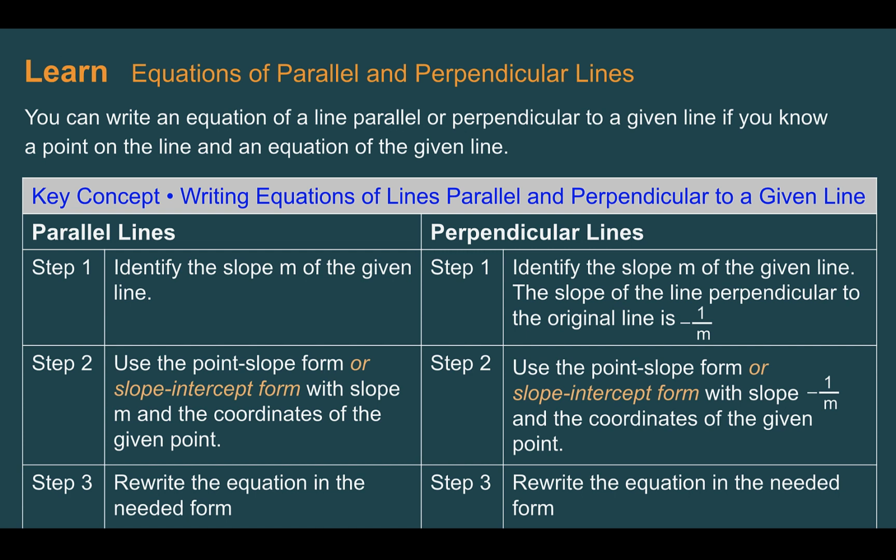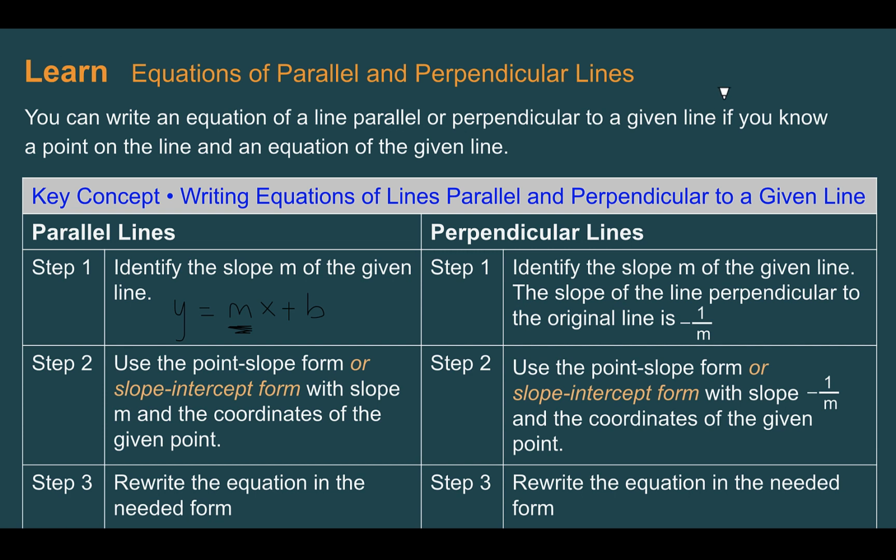So our key concept here is writing the equations for parallel or perpendicular lines given a line. For parallel lines, first you're going to identify the slope of the given line. So remember, if it's in y equals mx plus b, slope-intercept form, your slope is that number that's in front of x, the m value.